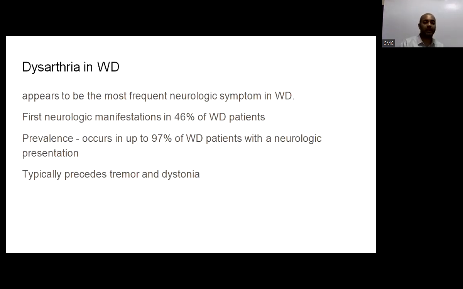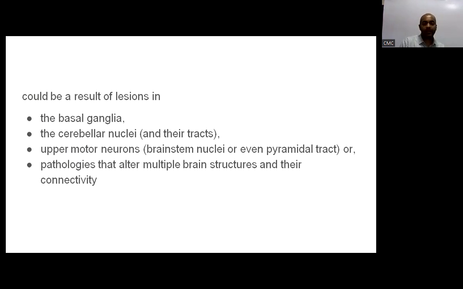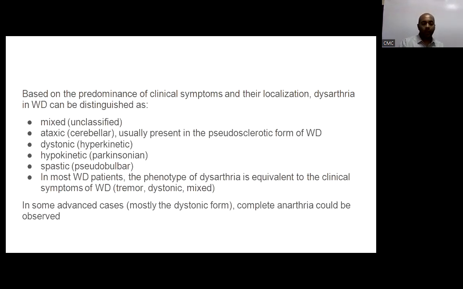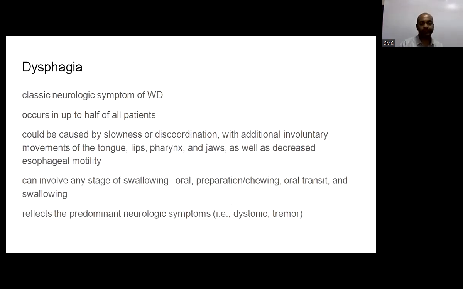It typically precedes tremor and dystonia. Dysarthria can be the result of basal ganglia lesions, cerebellar lesions, UMN lesions. Based on type, dysarthria can be classified as mixed, ataxic, dystonic, hypokinetic, spastic. In some advanced cases, we can even have complete anarthria.